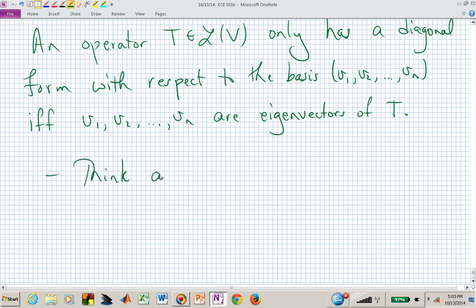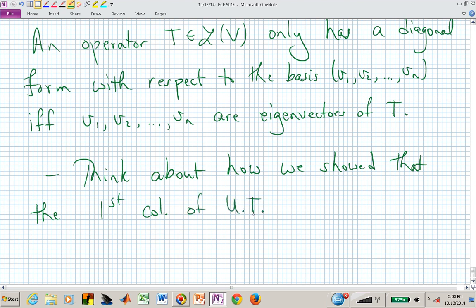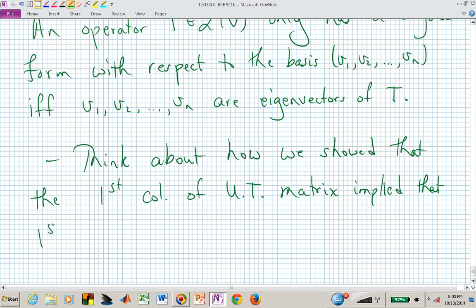So think about how we showed that the first column of an upper triangular matrix implied that the first basis vector was in fact an eigenvector.